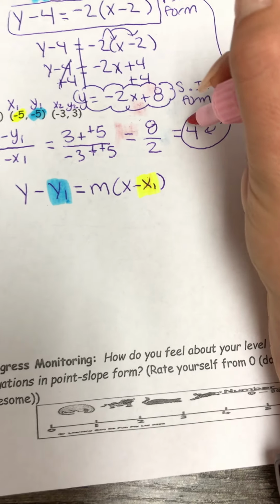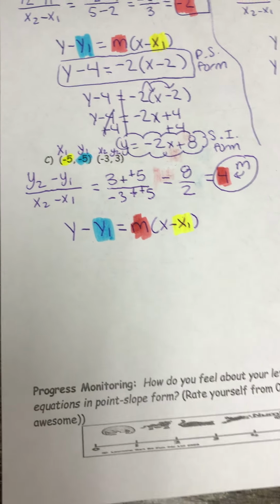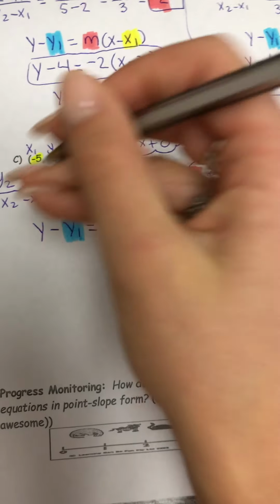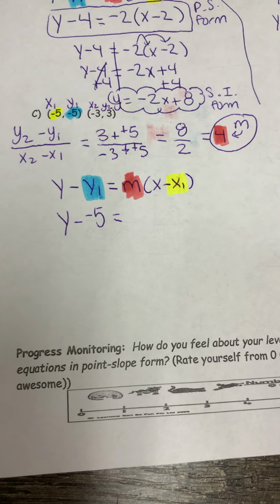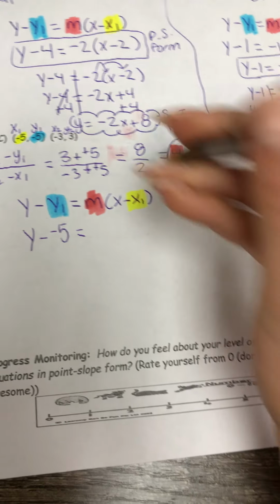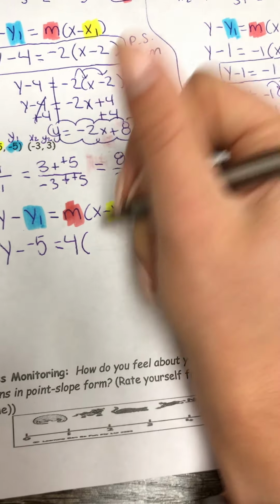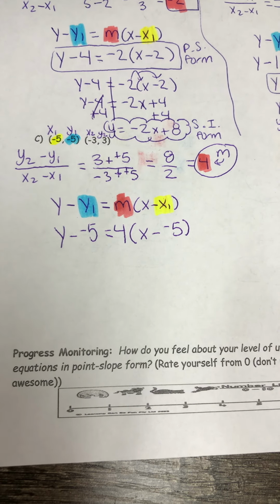I think the colors are really helpful. I have y minus y1. My y1 is -5, so this is minus -5. My m is 4. That goes in for m there. x1 is also -5, so that's minus -5.